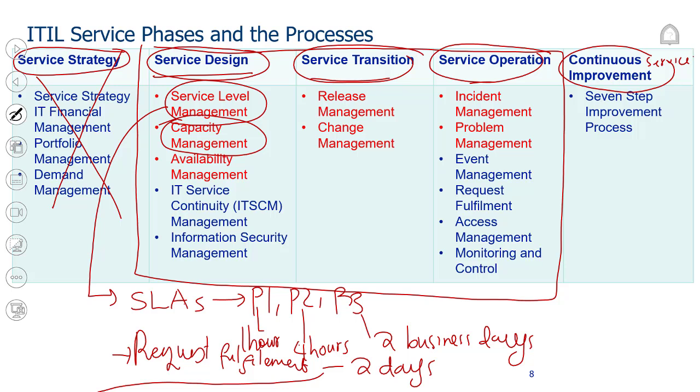I don't want to run out of storage, but I also don't want to have so much storage that I'm wasting it. So capacity management is proactively looking at what I'm using now in terms of that particular IT asset, and being able to predict what I would need in the future. So for example, for storage in the Blackboard, at the moment I am using, for example, 1 terabyte.